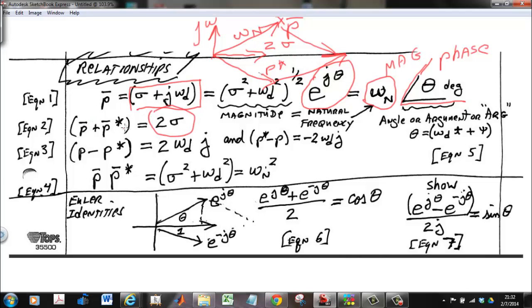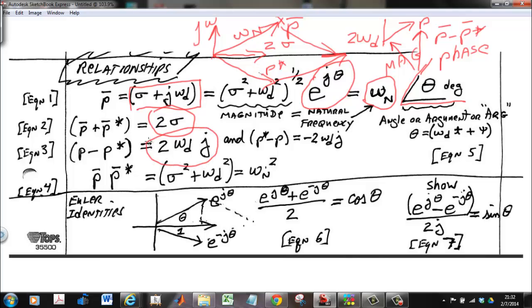Similarly, if I were to add P and minus P star, minus P star goes to the origin, then P minus P star will be a vertical phasor, and it'll have a length of twice the imaginary part, and it'll be 90 degrees.